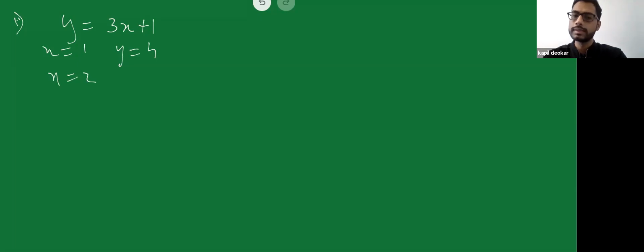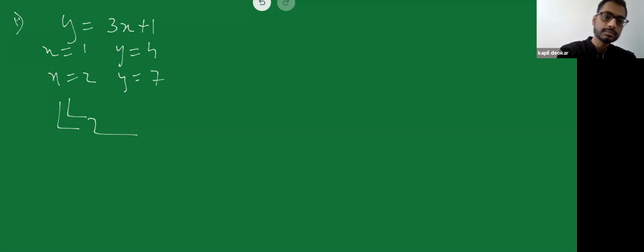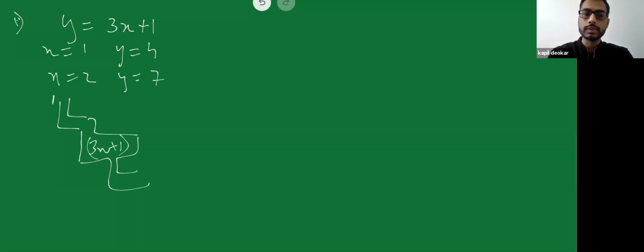Value of y would be 3 into 2, 6, plus 1, 7. So can I say that this is like a machine, where if I'm giving x is equal to 1 as my input, the machine is going to perform the operation of 3x plus 1?